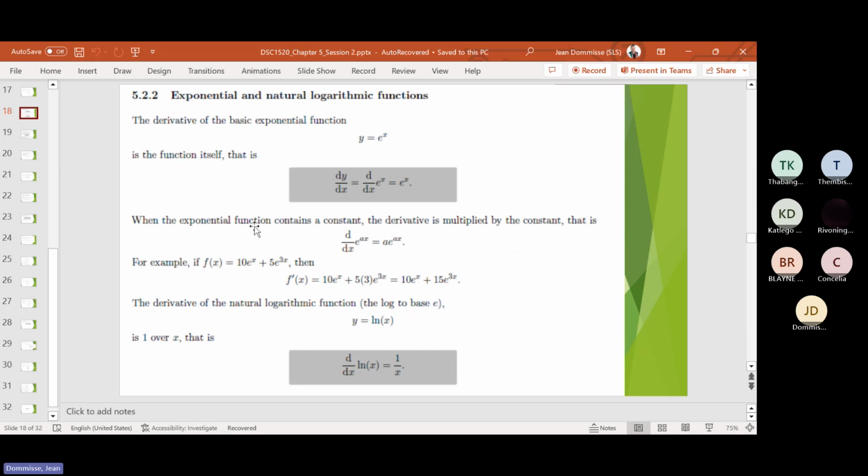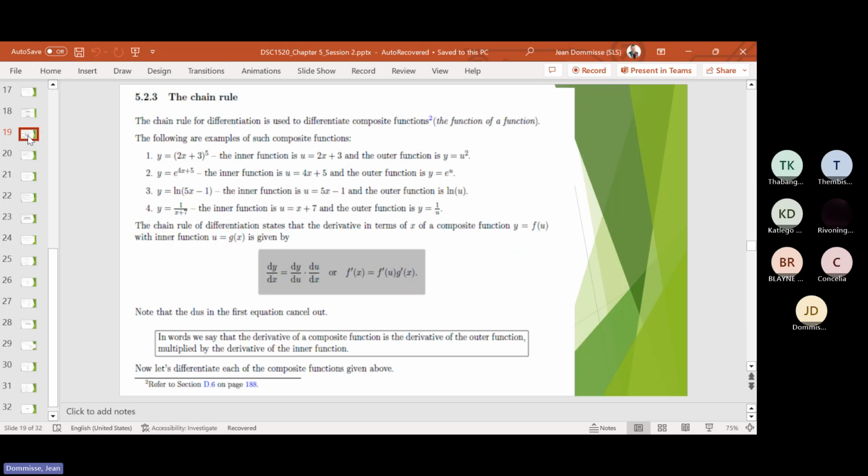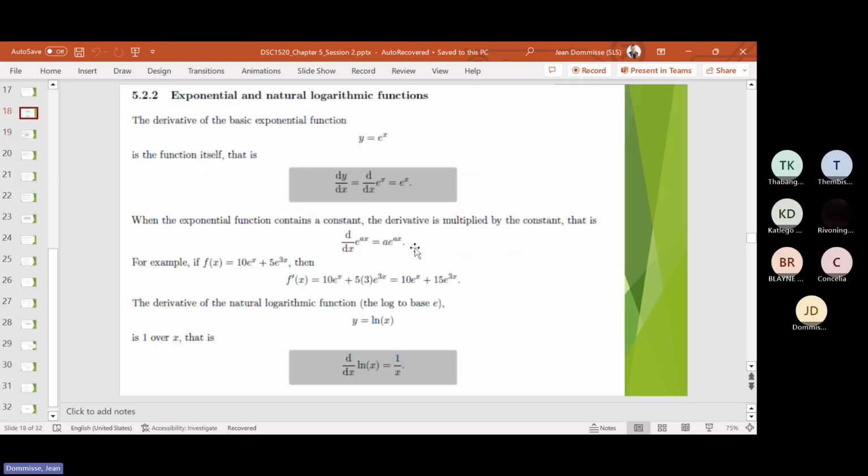Okay, and we were at this exponential one. I just want to check. That one didn't save, but that's fine. On the recording that will be there.